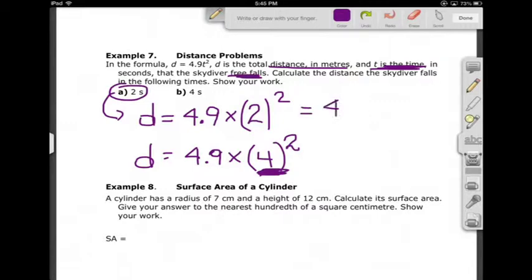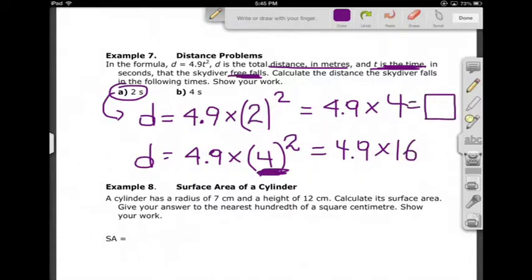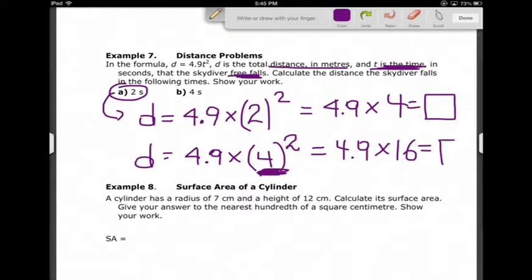Pay attention to what's being squared, because the longer you free fall, the farther you go. 4.9 times 16. When you multiply those values out, you will see a drastic difference in the overall distance. And that's as it should be. You've been falling longer. I'll let you crank that out on your calculator. Save a little bit of time.